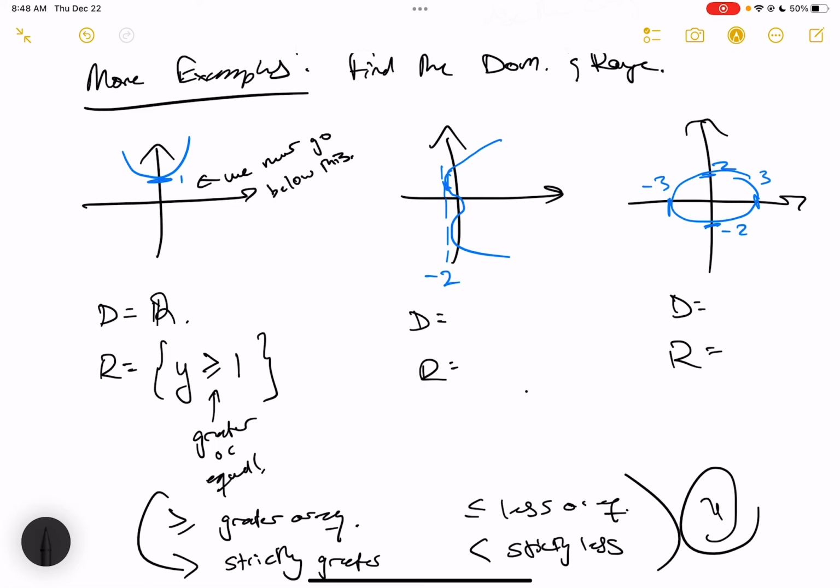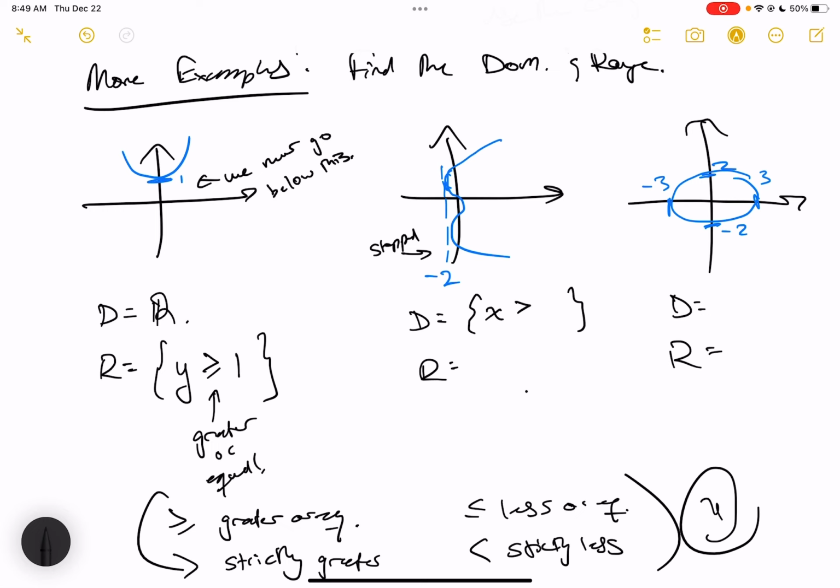Now, for the next one, real quick. Notice the x values that we have a stopping point right here at that dotted line. So that's kind of like a stopping point. We're not going anything to the left of -2. So if you think about it logically right here, the x value can never be less than -2.